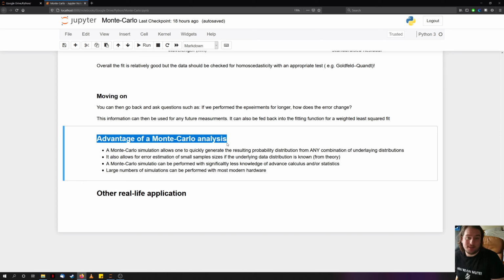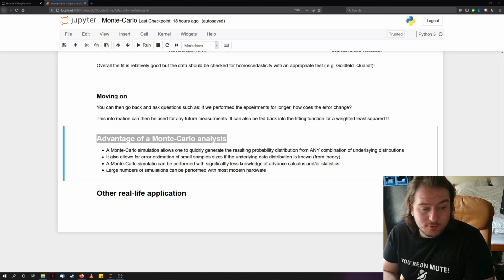What are the advantages then of this Monte Carlo analysis? The Monte Carlo simulation allows one to quickly generate the resulting probability distribution for any combination of underlying probability distributions. It also allows for error estimation of small sample sizes if the underlying distribution is known or we have a good theoretical background of what causes it. A Monte Carlo simulation can also be performed with significantly less knowledge of advanced calculus and statistics.